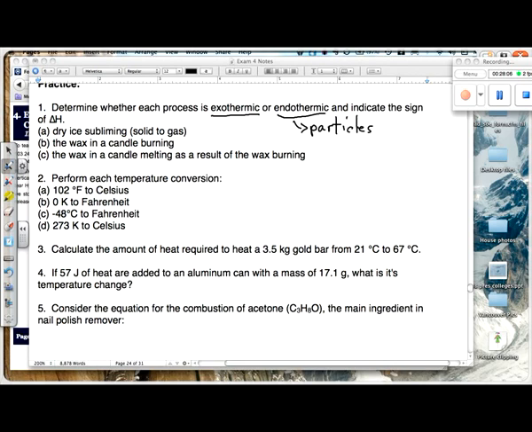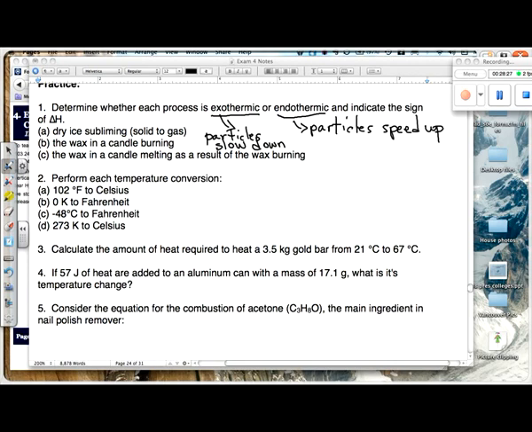So if you're talking about a phase change and you have to speed the particles up, it's endothermic. If you want to slow them down, then you have to get rid of some energy to do that, and that would be exothermic.